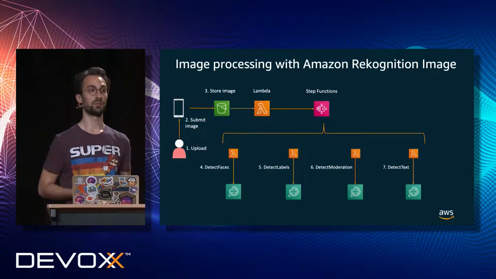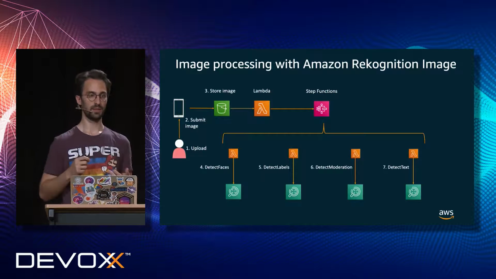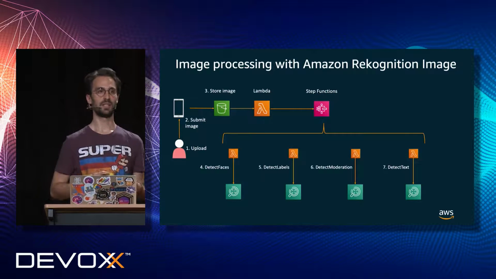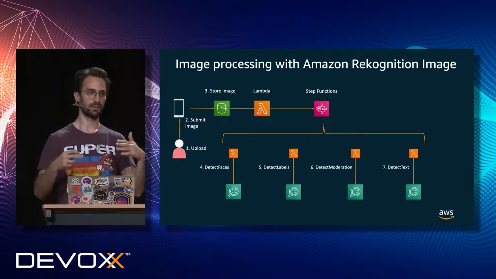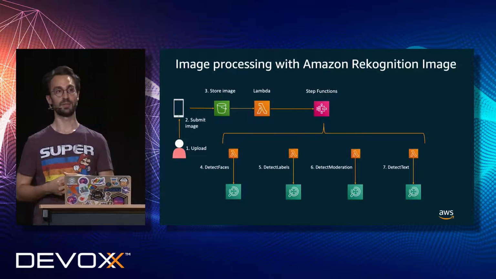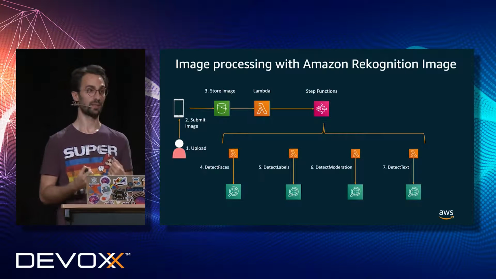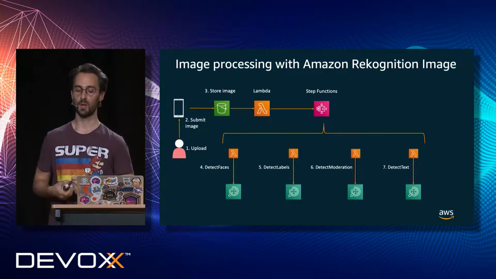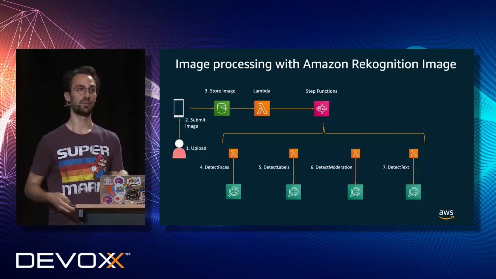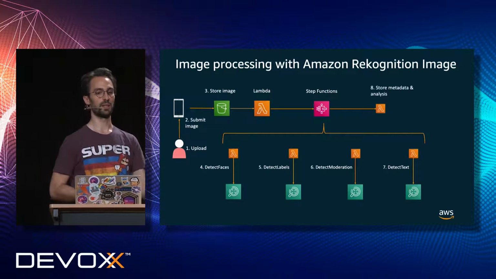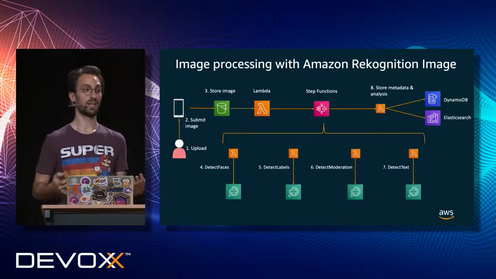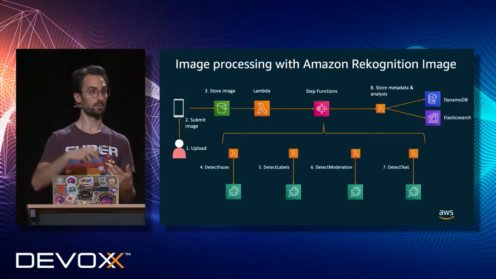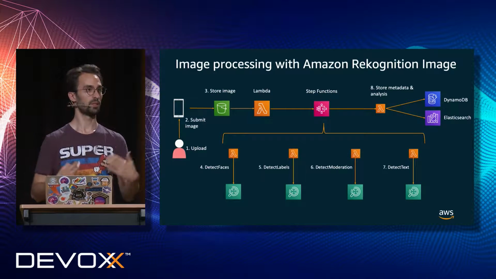And we can use Amazon Rekognition with a K to detect the faces, detect the labels, detect if it's an image that should be moderated, or detect the text. You can do optical character recognition on top of the image. And we can do all this stuff in parallel in our state machine, and then take the result, maybe store it in DynamoDB or in Elasticsearch, and provide some search functionality on top of those images that users have uploaded.